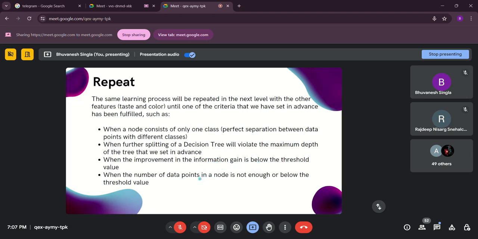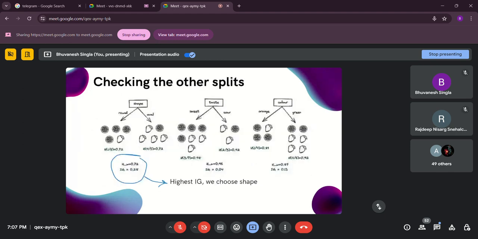And again, the number of data points in a node. So let's say you end over here itself. Let's say you end at some node where there's only one orange, and the other four oranges are here, and other five mangoes are in some other split. So this particular split over here, which has only one orange, would be unreliable, because the sample that this guy has seen is only of one.